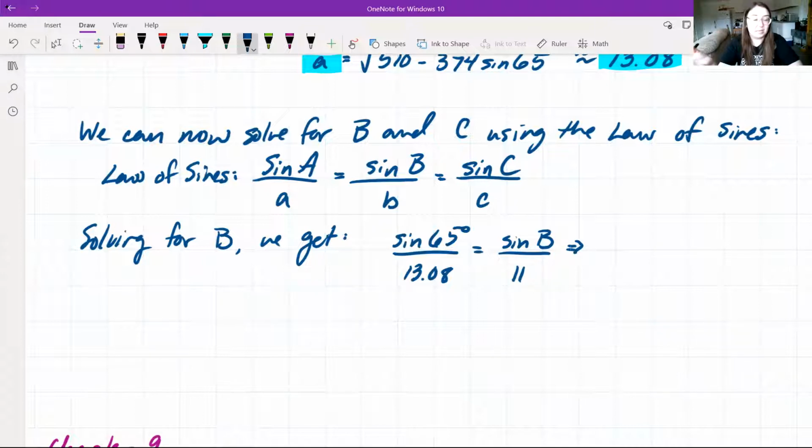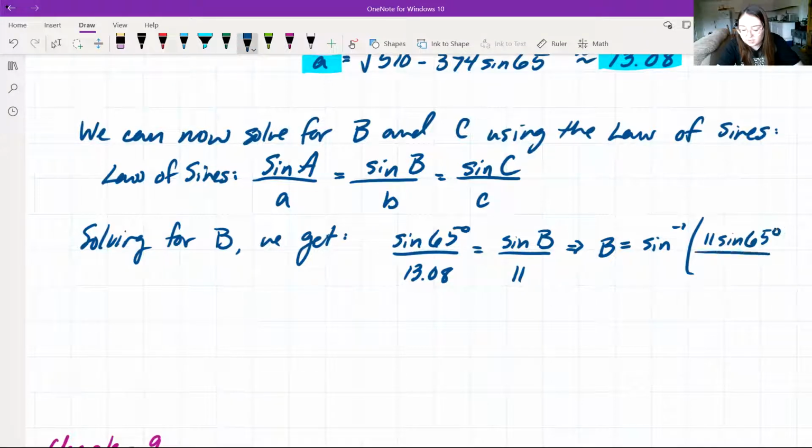Now, if we solve for B in this case, B will end up giving us sine inverse of 11 times sine of 65 degrees divided by 13.08.